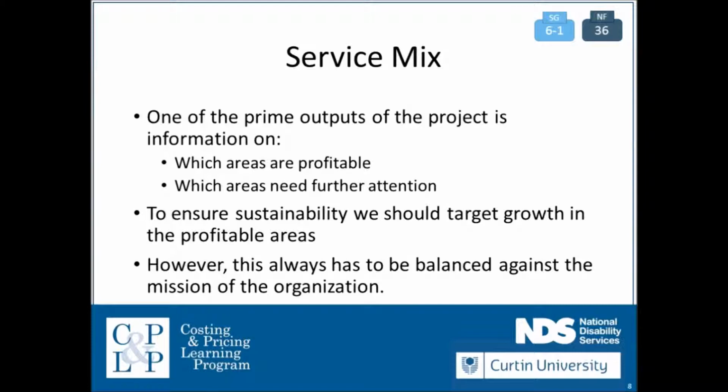You might also explore the idea of increasing your numbers of clients in particular services, so perhaps not changing the service mix itself determinately, that is changing the number of services and the types of services you provide, but actually adding more clients to particular services in order to increase financial sustainability.